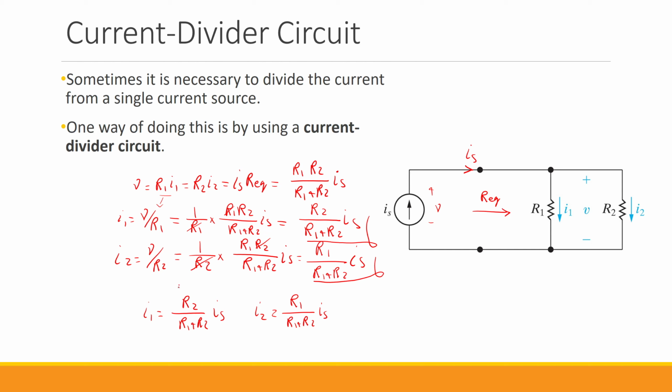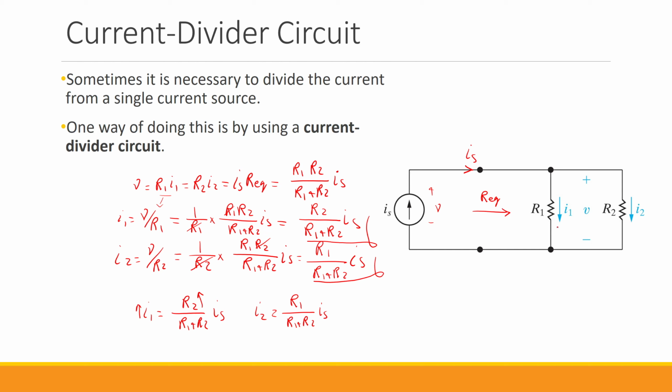As you can see here, when the value for R2 increases, the value for I1 also increases, and vice versa. For I2, when the value for R1 increases, the value for I2 increases. So in effect, the current that goes through I1 is dependent on the value of R2, and the current that goes through I2 is dependent on the value of R1.